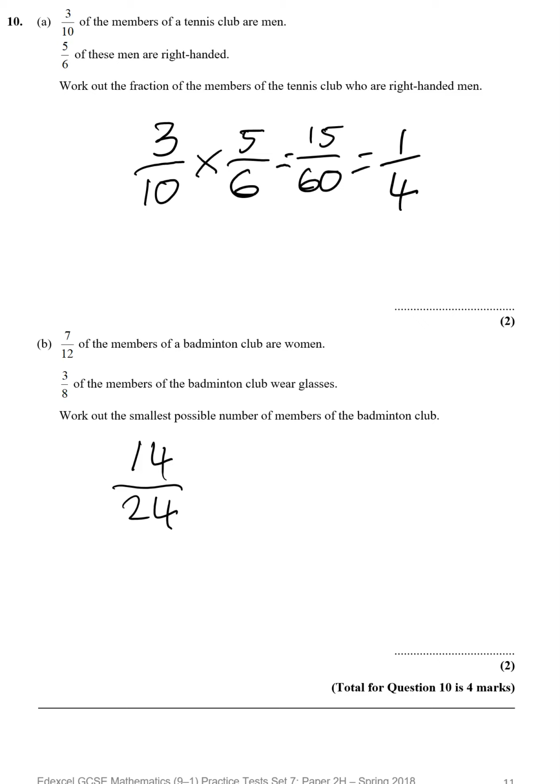And then we could do the same with the glasses wearers. Put it out of 24, which gives you 9 out of 24. So actually that works fine. The smallest possible number of members of the badminton club is 24. It's the lowest common multiple of 8 and 12.